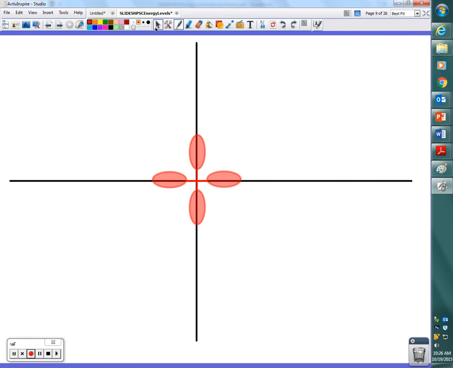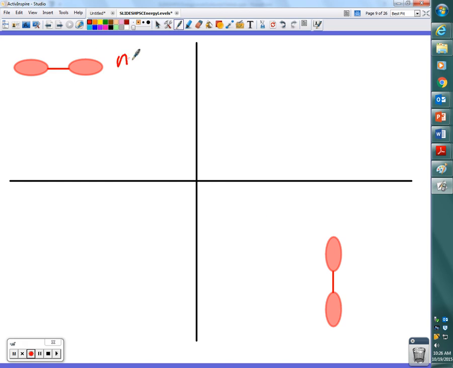I'm going to separate them. You'll see why as we move along. Okay? I'm going to put one over here. I'm going to put one over here. Right? This one's n would be equal to 2. And this one's n would be equal to 2 because they're all red. They're all in the same principal energy level.